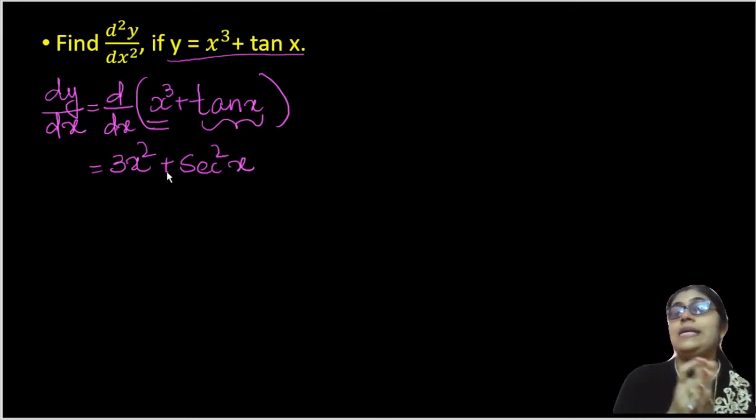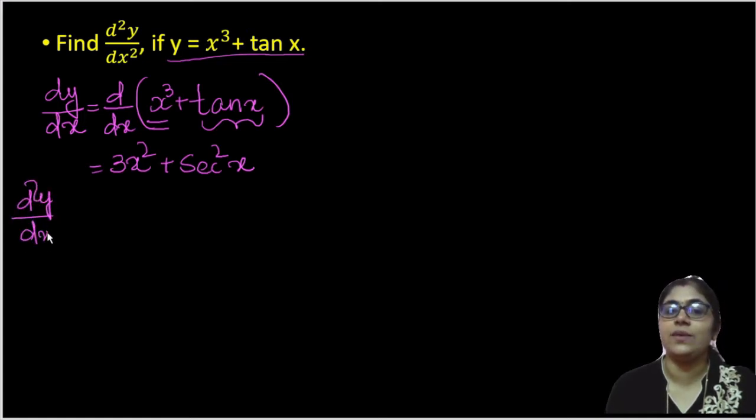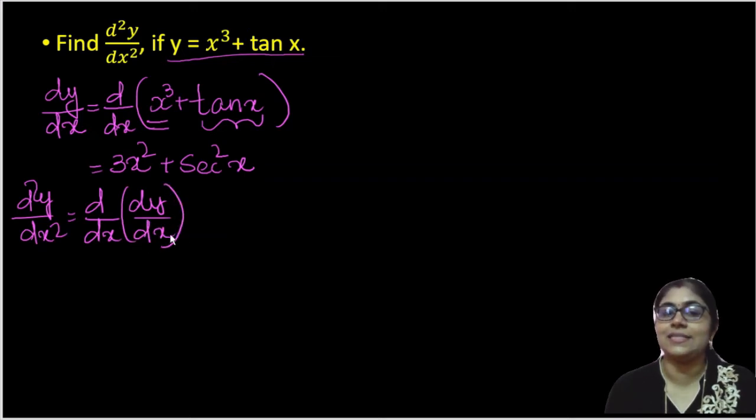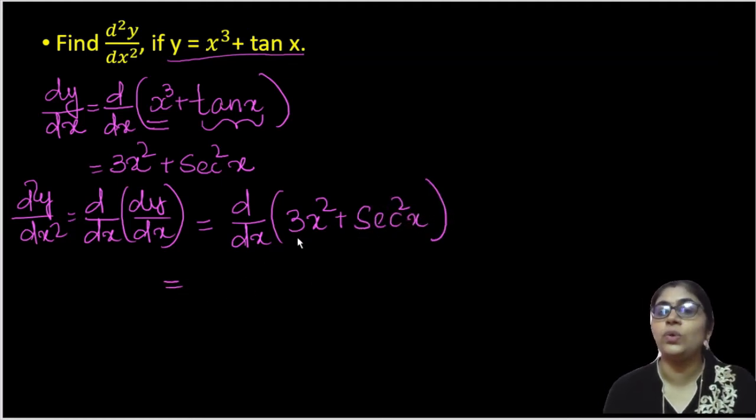Now we know dy by dx and we have to find d square y by dx square. So d square y by dx square is equal to d by dx of dy by dx. So this is equal to d by dx of 3x square plus sec square x. The derivative of 3x square is 3 into 2x, that is 6x.